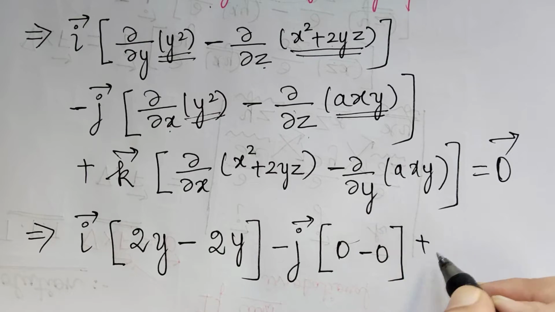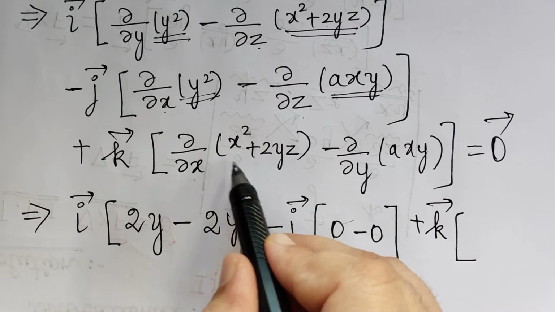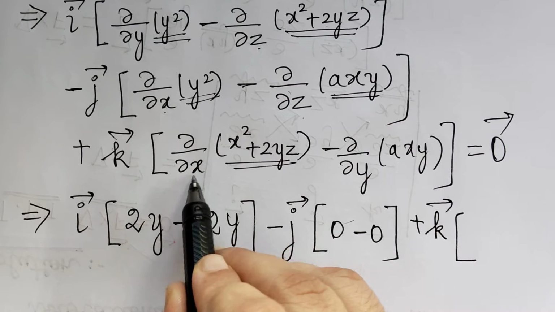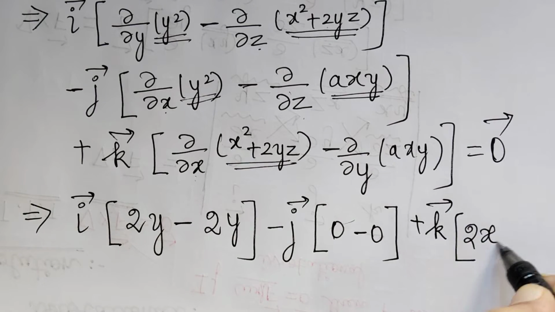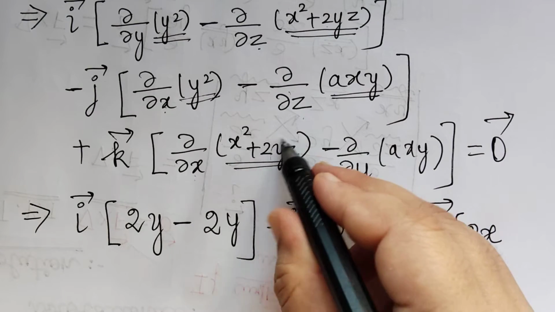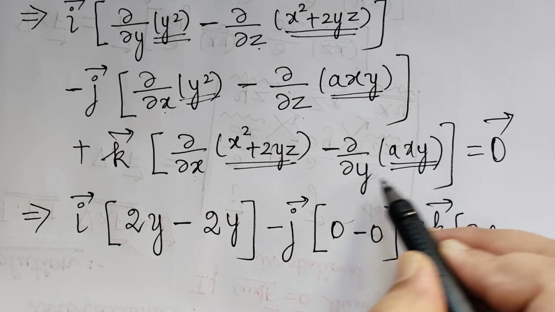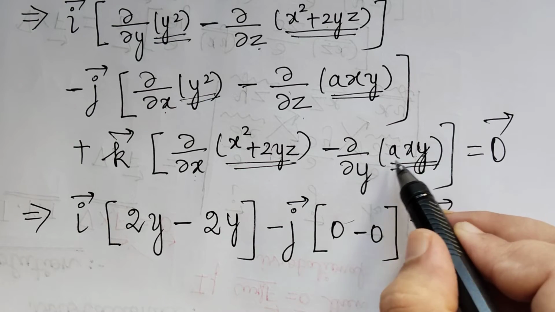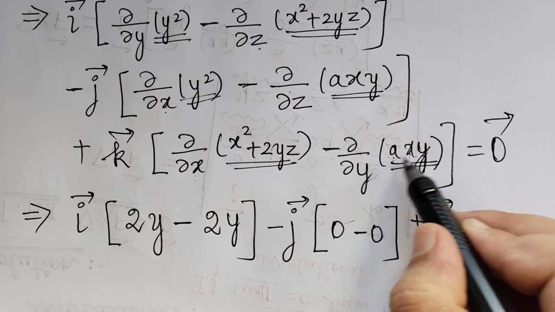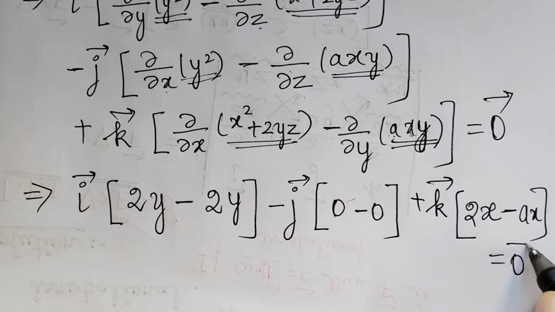And then plus k vector multiplied with, here we have the partial differentiation of this with respect to x, so it will be 2x. And then this will become 0 minus, and here partial differentiation of this with respect to y. So when we differentiate y, it will be equal to 1. So 1 multiplied with ax, because a and x will be constants, so it will be ax. And all this is equal to 0 vector.